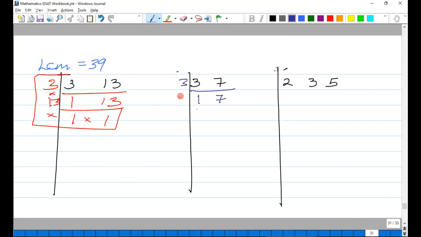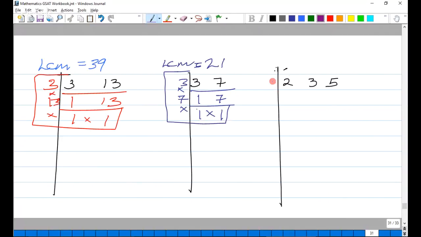What do I need to use? 7. For the LCM, multiply. 1 by 7 is 7, and 7 threes would give me what? 21. Okay.